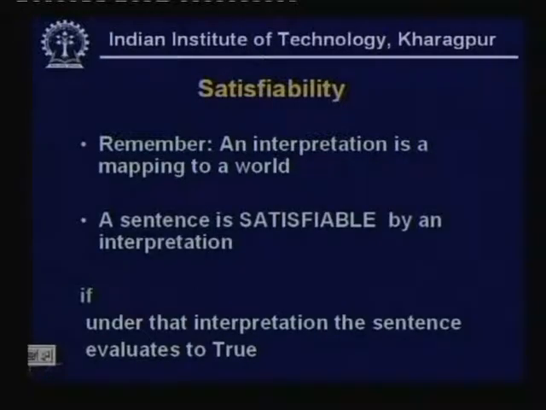A sentence is satisfiable by an interpretation if that interpretation makes the sentence true. That means, if under that interpretation the sentence evaluates to true, only then that interpretation satisfies the sentence.